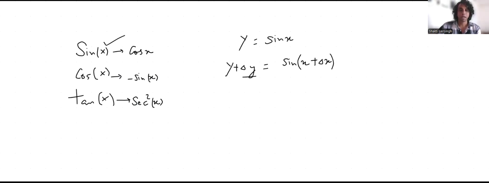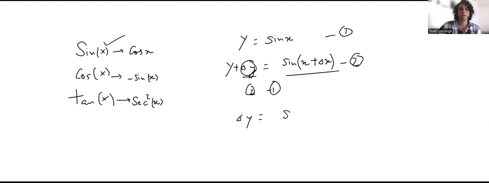So if I need to just find out this guy, delta y here, I subtract these two equations from each other. This is called equation 2, equation 1, and I do 2 minus 1. So I get delta y equals sine of x plus delta x minus sine x.